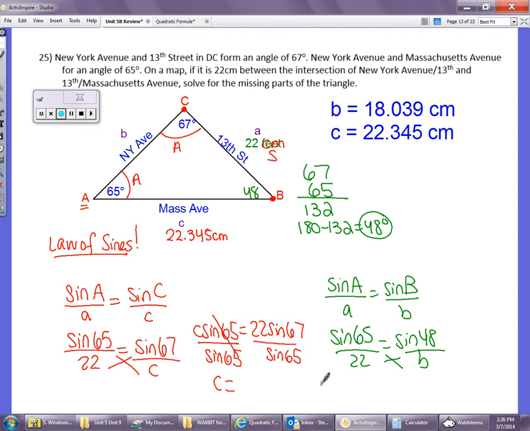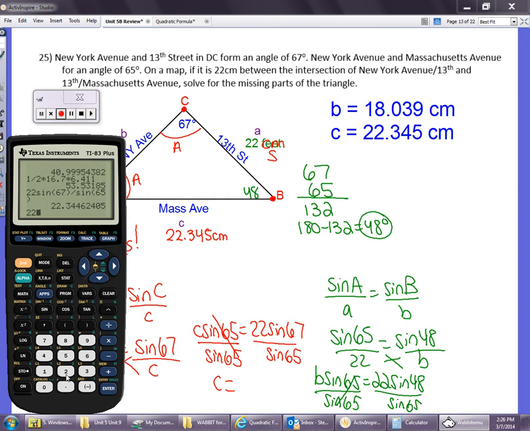Again, cross multiply. Divide by sine 65. And then once again, I can put this in the calculator just the way that I see it.